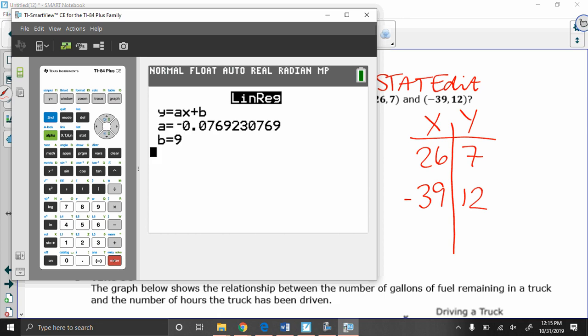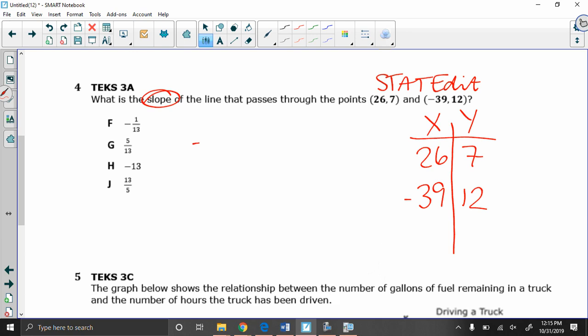And we get a pretty ugly number. So what you're going to end up doing on your paper is you need to write down this number because we need to go back and re-enter it to turn it into a fraction. So whenever you're writing this number down, negative 0.0769230769.